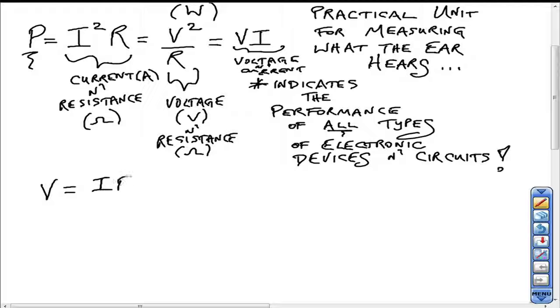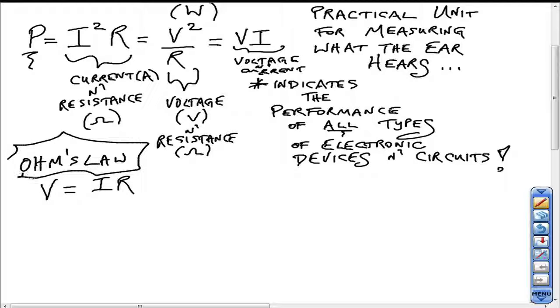That's your Ohm's law. So how can knowing Ohm's law and just one of these power formulas yield the rest? Let me show you. For example, let's say all you knew is this formula: power equals I squared R.